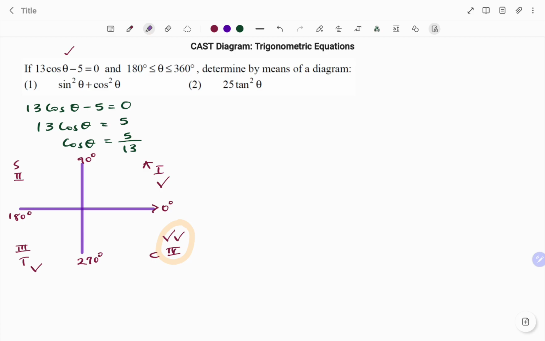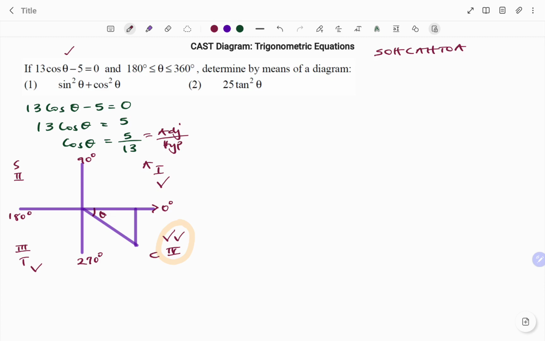So that is where we're going to have a terminal arm in the fourth quadrant as shown. Labeling the sides, we have the angle as theta. Cos is adjacent using a trig ratio. We have SOHCAHTOA, I'm going to write it by the side. Cos is adjacent over hypotenuse. So we have 5/13 equals adjacent over the hypotenuse.